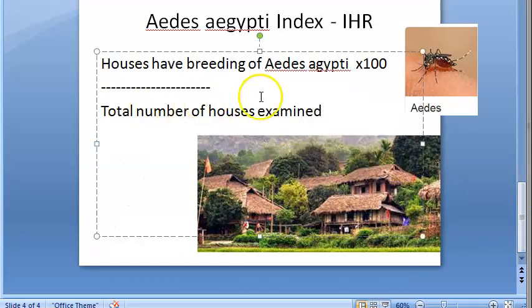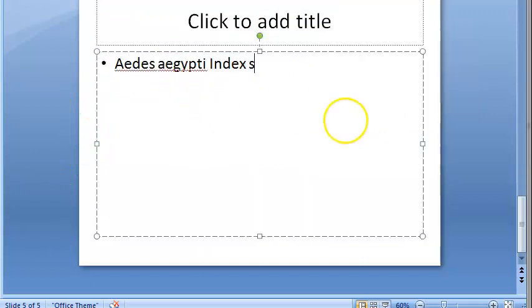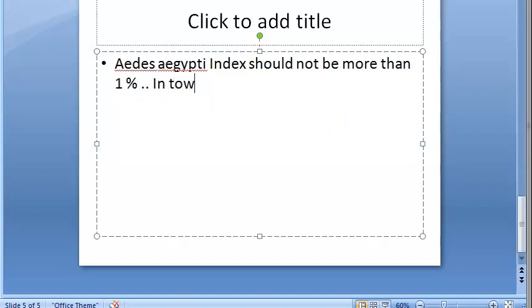What you should know is that this Aedes aegypti index should not be more than 1% in airport and seaport areas. This is so that you can prevent yellow fever, etc., because yellow fever and such diseases can come from outside our country.